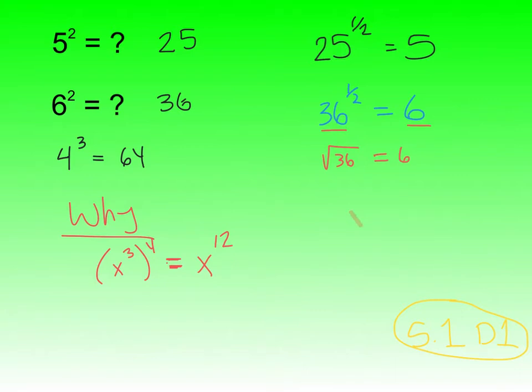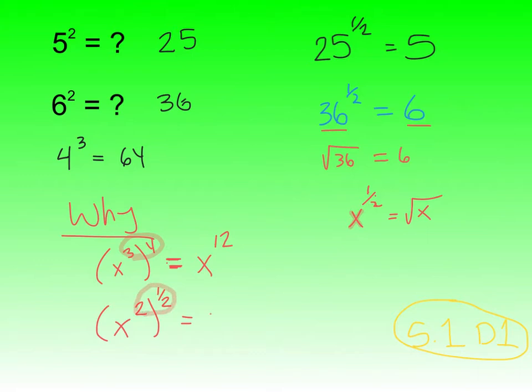So why is x to the 1/2 the same as the square root of x? Well, what happens if I had x to the second and I raise that to the 1/2 power? Same thing there. Based on the power of a power, I will multiply my exponents.